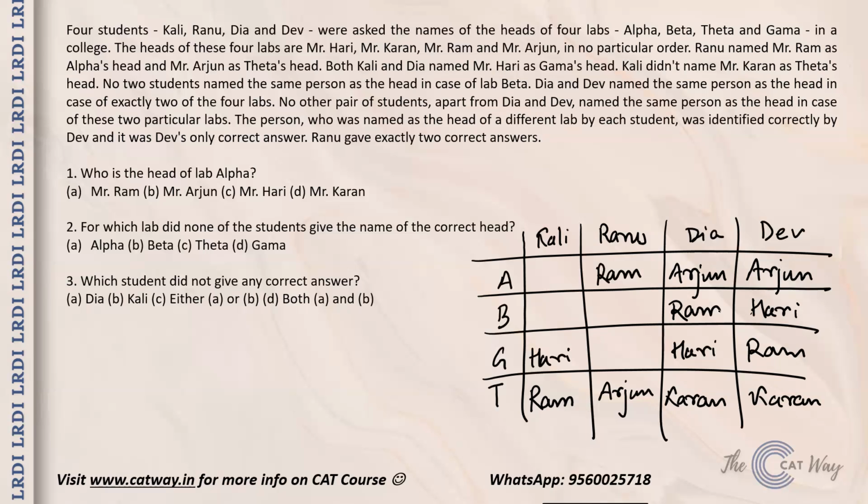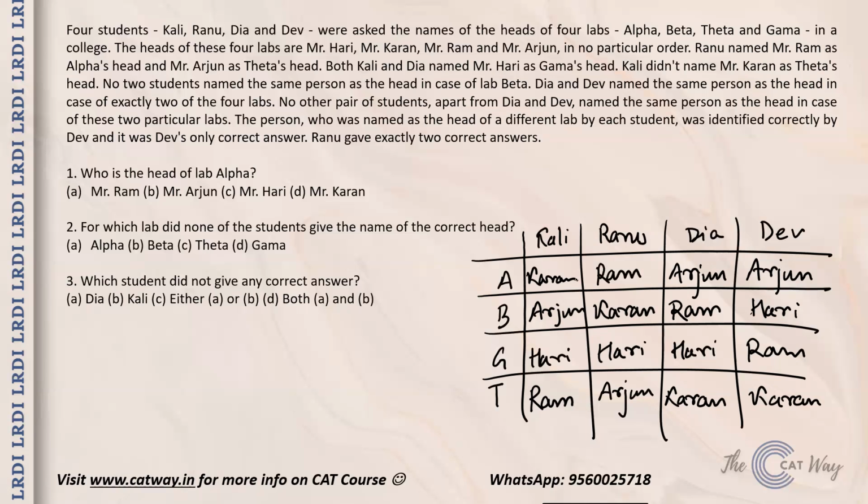Now guys, Ranu cannot have Hari in Beta because Diya has already given Hari in Beta. So Hari will occupy this position and it is Karan who will occupy this position. And if Karan is here, then the fourth person, that is Arjun, will occupy this position and Karan will occupy this position. So this is done.